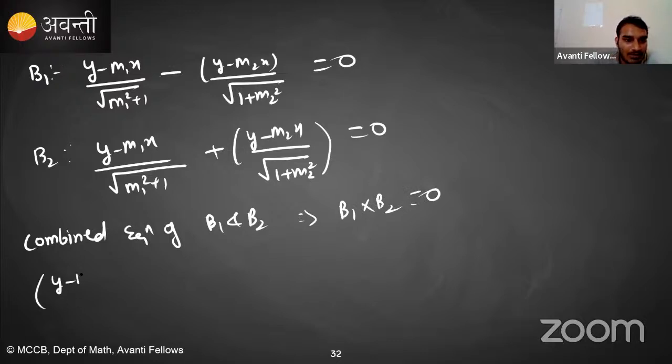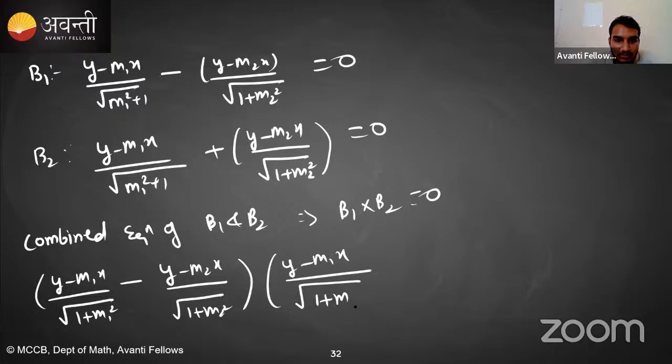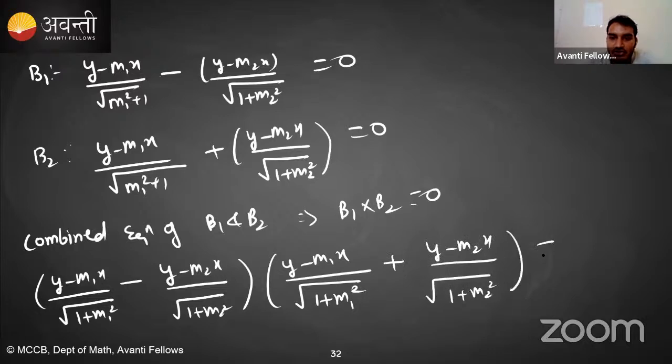Means (y − m1x)/√(1 + m1²) − (y − m2x)/√(1 + m2²) into (y − m1x)/√(1 + m1²) + (y − m2x)/√(1 + m2²) is 0.